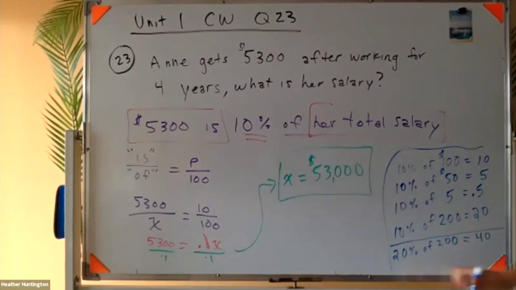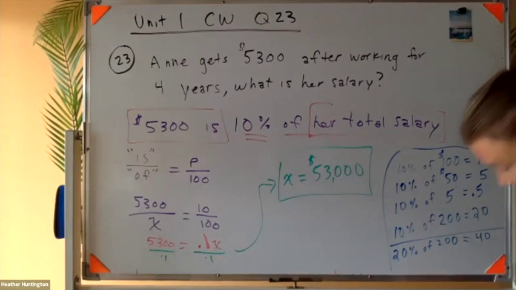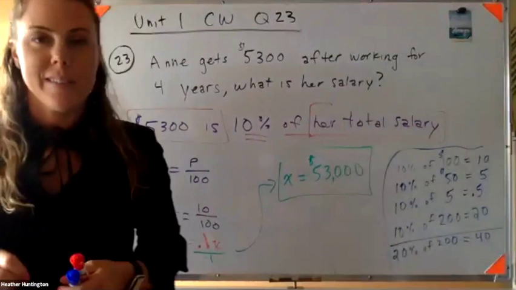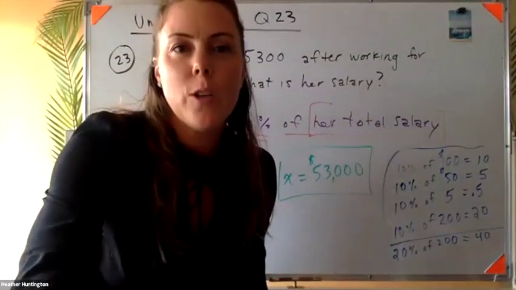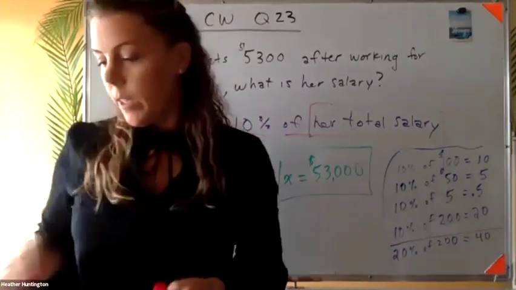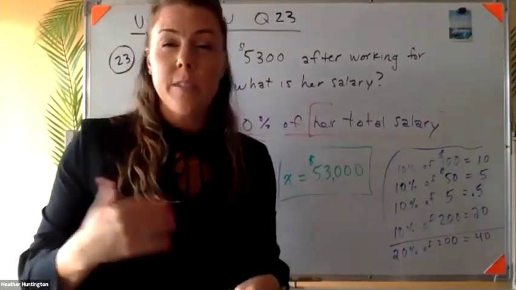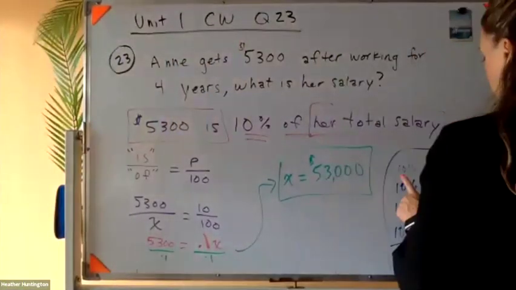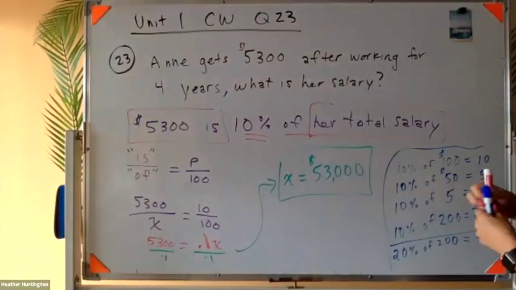When do we use 20% in our everyday lives? 20% off, like a coupon. Okay, coupons. Tips. Usually in America, we tend to give like 15 to 20%. So if you want to give 15%, you could just do 10% and then half of it.